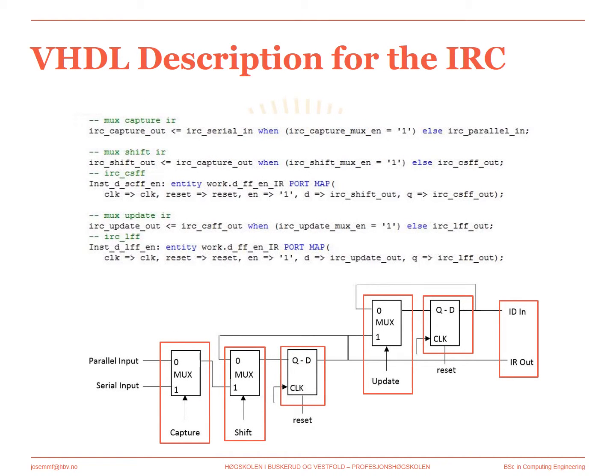In the VHDL description for the instruction register cell, we have the aforementioned inputs and outputs, as well as 3 inputs for each enable signal to the multiplexers. We also have 5 internal signals between the blocks inside the cell. The first multiplexer selects which input signal to pass on to the next multiplexer, which again selects between this signal and the output from the flip-flop. Next is the flip-flop that takes the internal signal from the multiplexer and passes it on to a new internal signal.